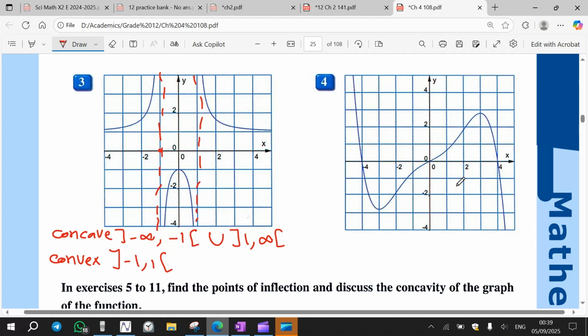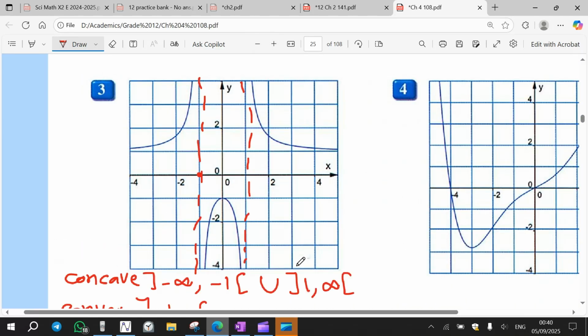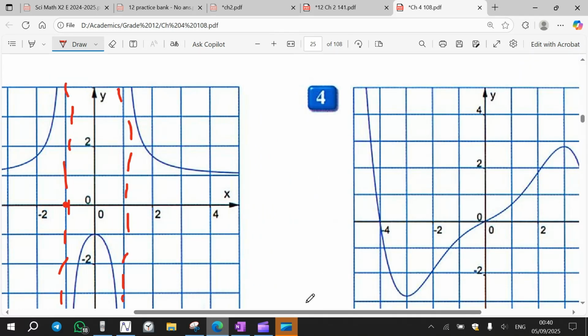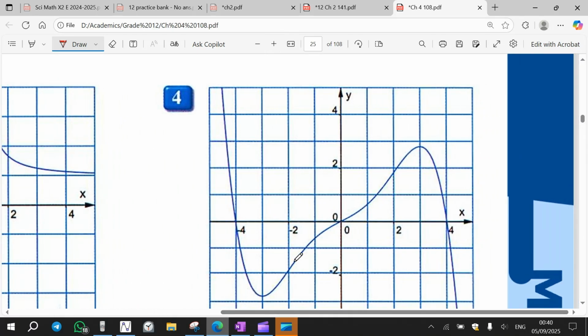Now let's look at this graph. This graph has two pieces of concave and two pieces of convex. You might wonder where. Let's zoom this in and make the instructions clear. There is a little bump here.